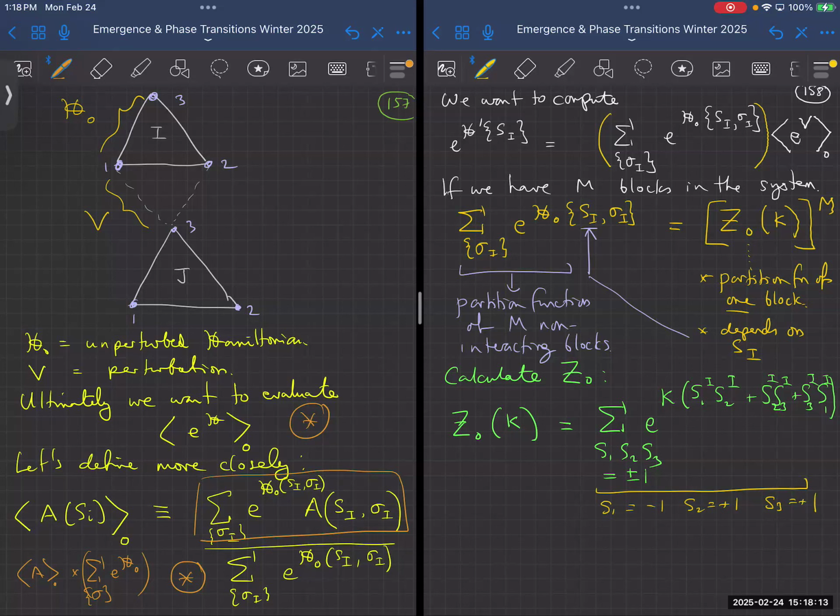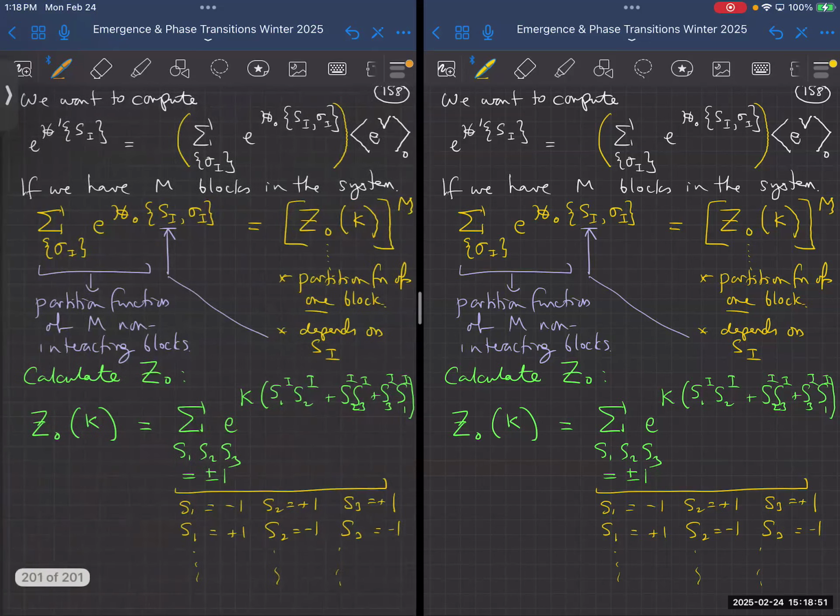That's one of the states when the total spin is equal to plus 1, and then the other one would be S1 equal to plus 1, S2 equal to minus 1, S3 equal to minus 1. So I literally just sum over all these different possible states. I'm going to write them out for you in a minute. So let's see that more clearly.